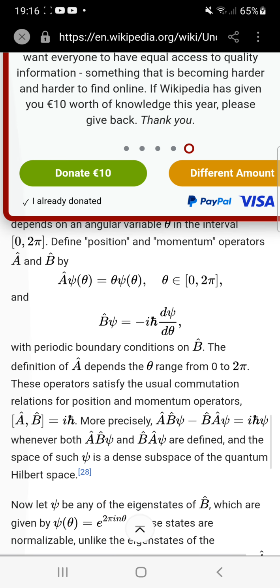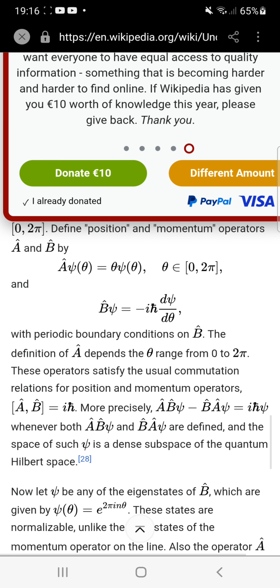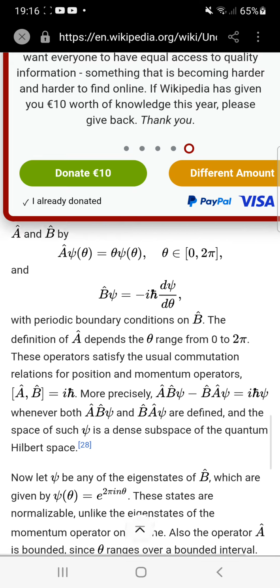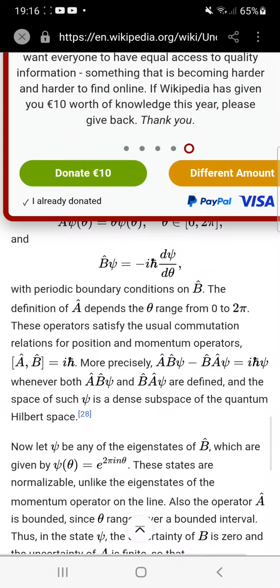Define position and momentum operators a hat and b hat by a hat g(theta) equals theta g(theta), as an element of the set 0 to 2 pi, and b hat g equals minus i h dg divided by d theta, with periodic boundary conditions on b hat.